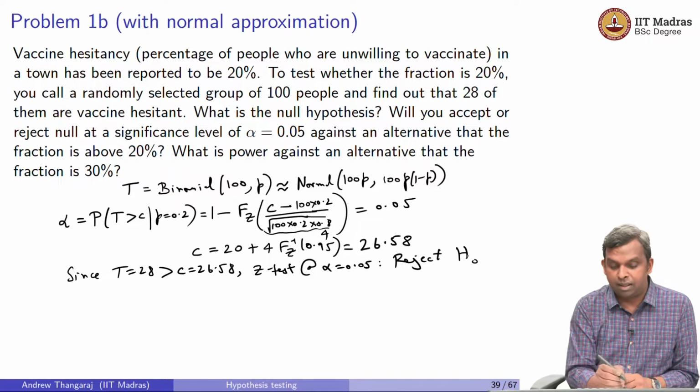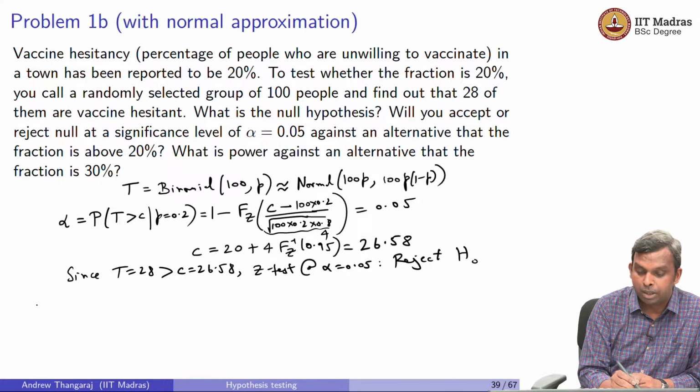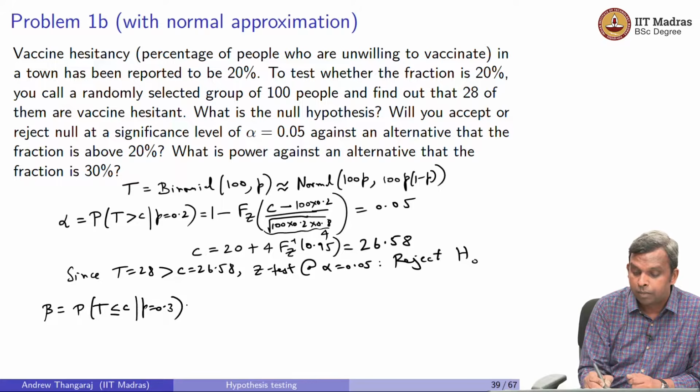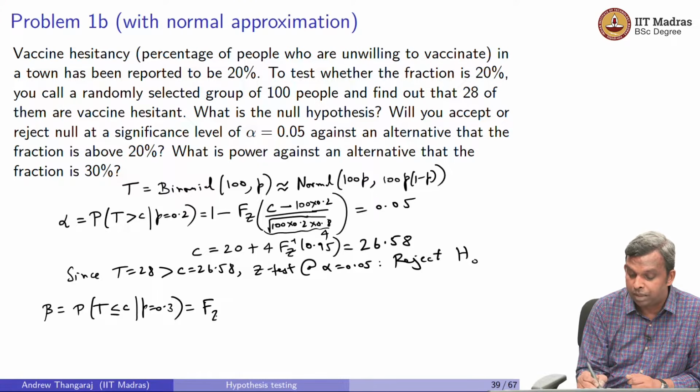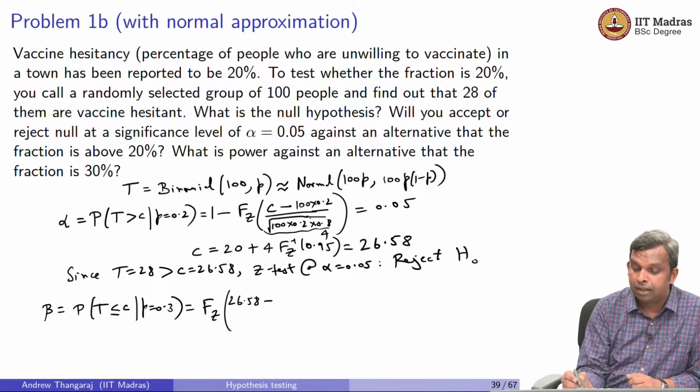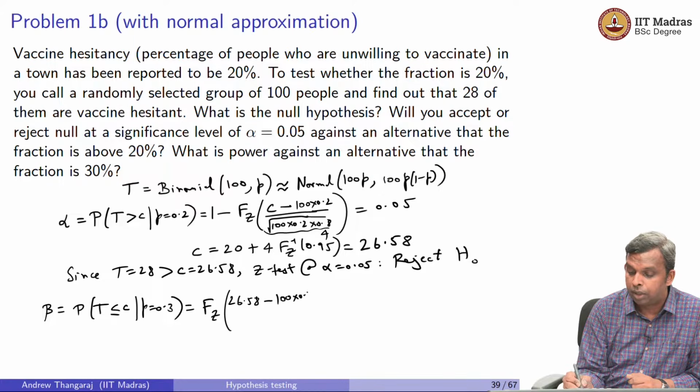Okay, so let's see if we can calculate this power, or type 2 error. Beta is the probability that T is less than or equal to C given p is 0.3. So this will work out as Fc of (26.58 minus 100 times 0.3) divided by the square root of 100 times 0.3 times 0.7.